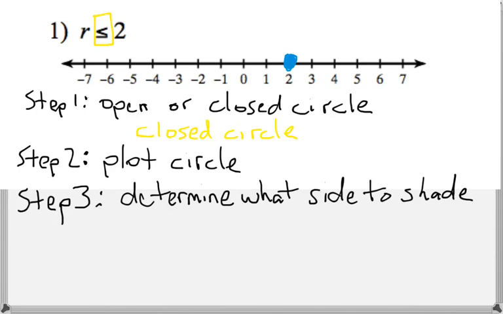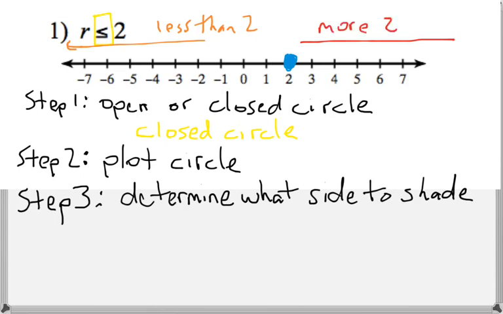Well, we need to determine our symbol. Our symbol says less than or equal to. What numbers are less than 2? Well, that's these guys over here are less than 2. And these guys over here are more than 2.